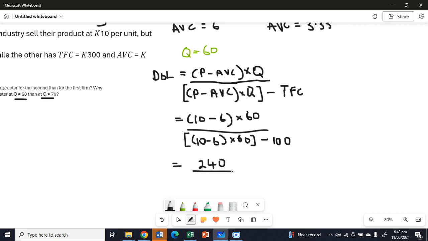Divided by, this same tabulation here, we get 240. 10 minus 6 times 60, you get 240, minus 100.